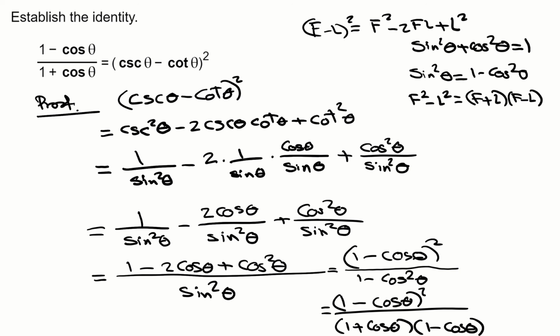So now this 1 minus cosine theta down here can cancel with one of the ones on the top, because remember, the numerator means 1 minus cosine theta times 1 minus cosine theta. So we can just cancel, and finally we'll end up with the result we're looking for, which is 1 minus cosine theta over 1 plus cosine theta.